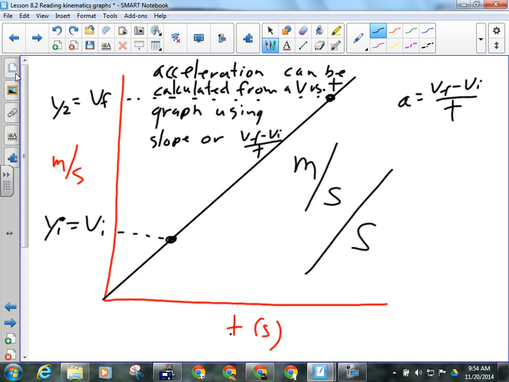Something like that. It's kind of a jot notes summary of what we just said. Acceleration can be calculated from a v versus t graph, velocity versus time, using slope or vf minus vi over t.